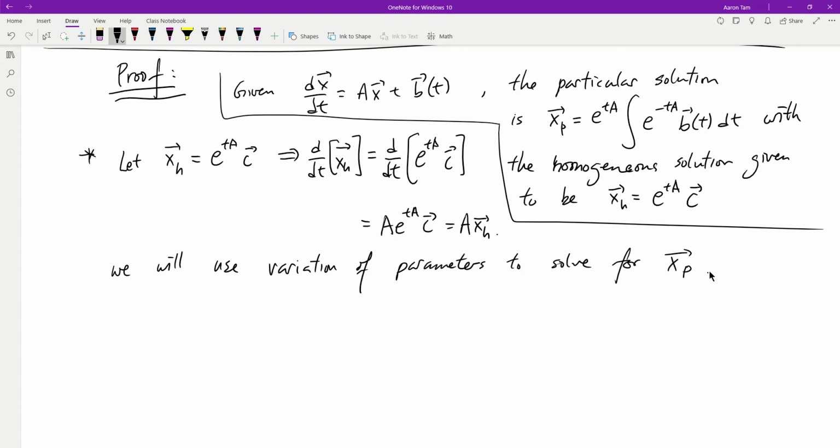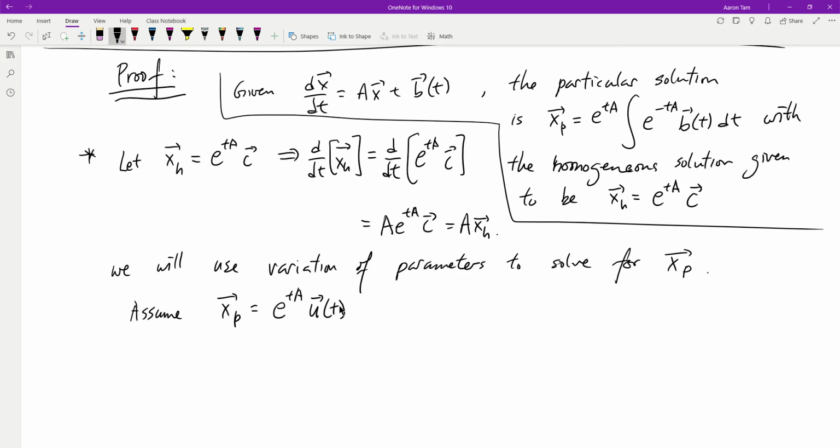So we're going to assume that vector x sub p is the homogeneous solution, e to the tA, I don't need the c because the constant doesn't matter, multiplied by some new function, which I'm going to call vector u of t. Now, instead of solving for vector x sub p, I'm going to solve for vector u, because once I know vector u, I can multiply by e to the tA to form vector x sub p.